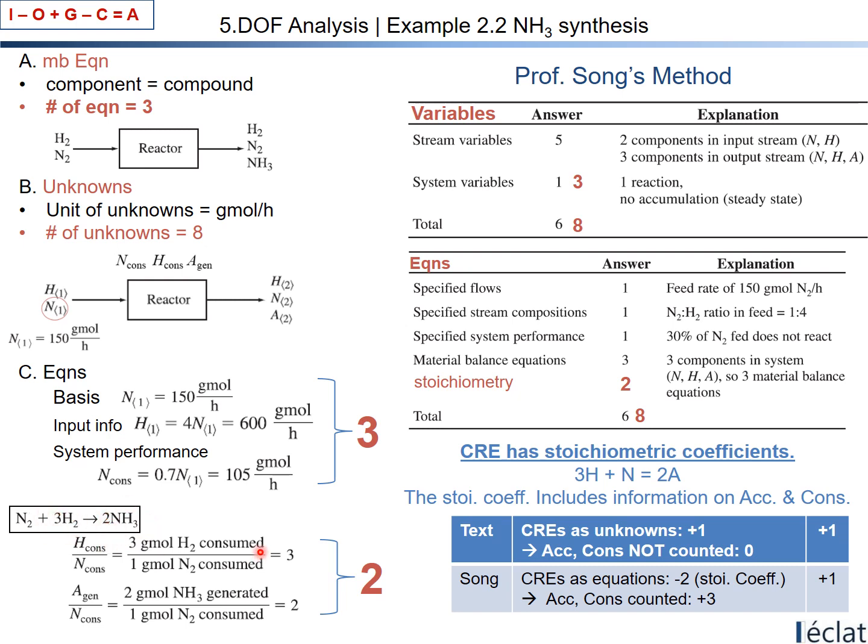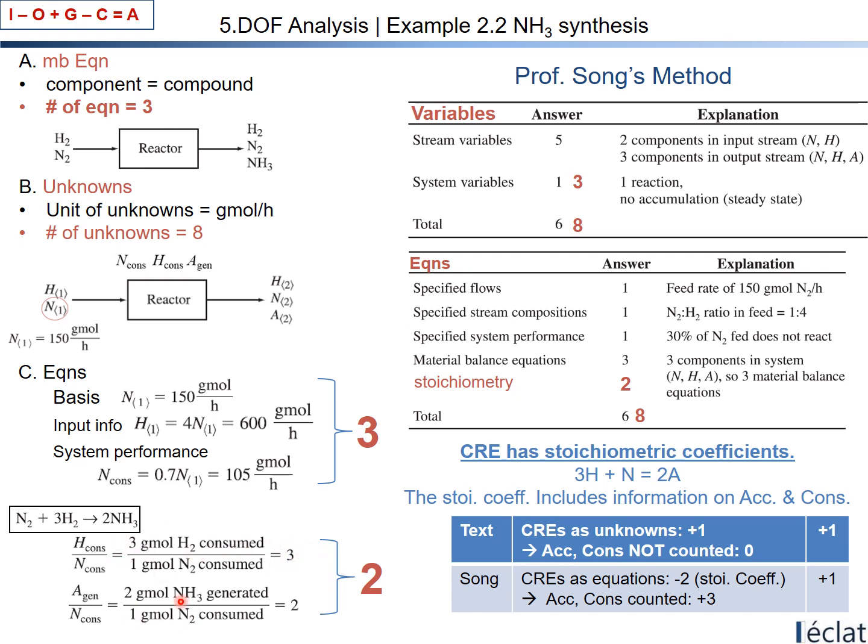What is the meaning of 3? 3 means hydrogen consumption per nitrogen consumption. It means for every one more nitrogen consumed, you need to have 3 more hydrogen consumed. So that is the number 3.